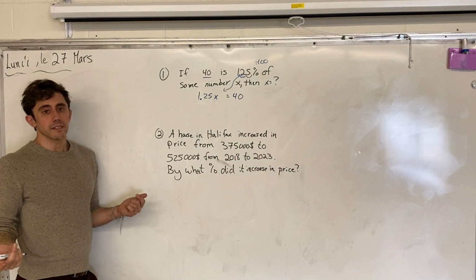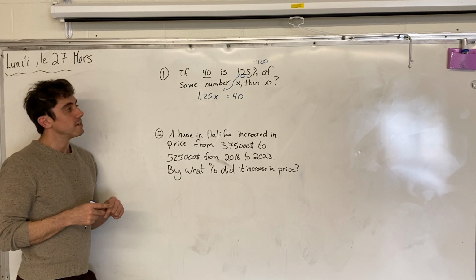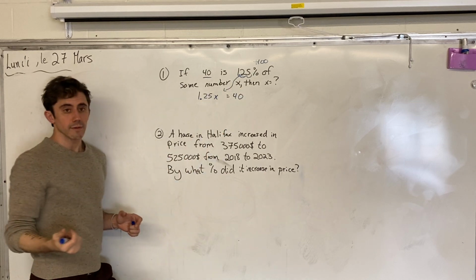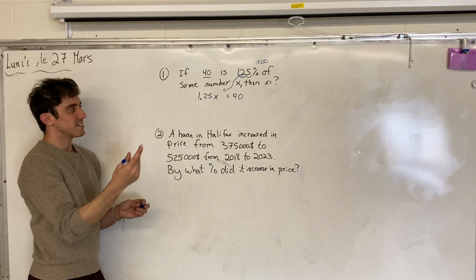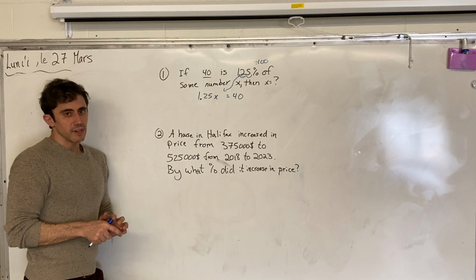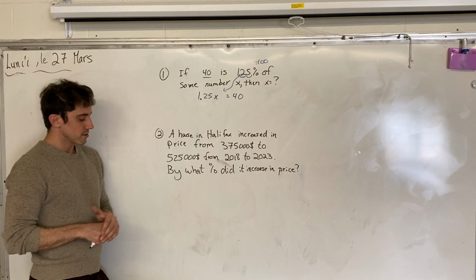This is really the only part of the problem that requires any kind of explanation: converting the percent to its decimal form, multiplying by the mystery number we were looking for, and then establishing an equation that we're able to solve. Solving this equation is just a one-step algebra question.